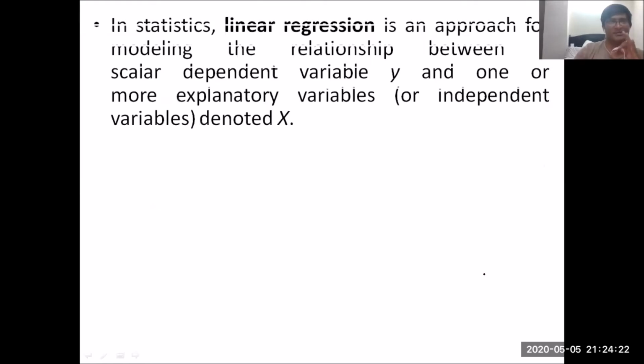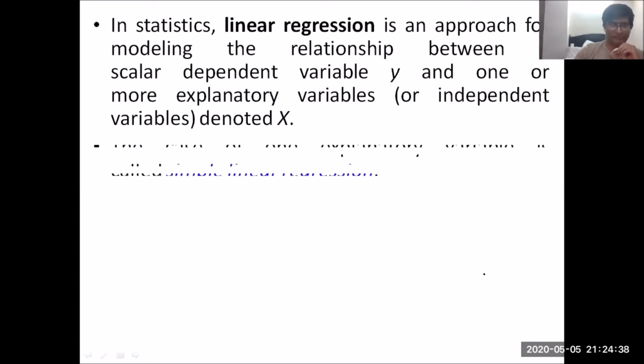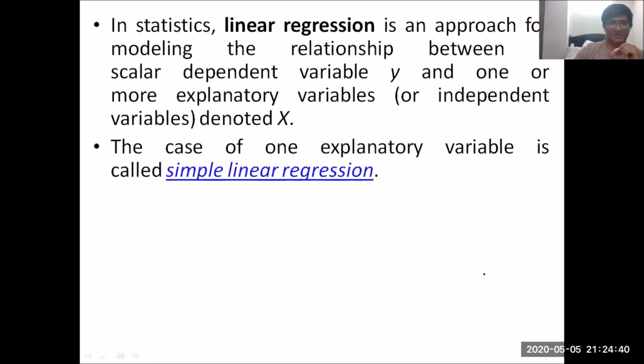In statistics, linear regression is basically an approach for modeling the relationship between your dependent variable y and one or more independent variables. We call them explanatory variables, which we have already discussed. We'll be starting with simple linear regression first, where we have only one dependent and one independent variable.